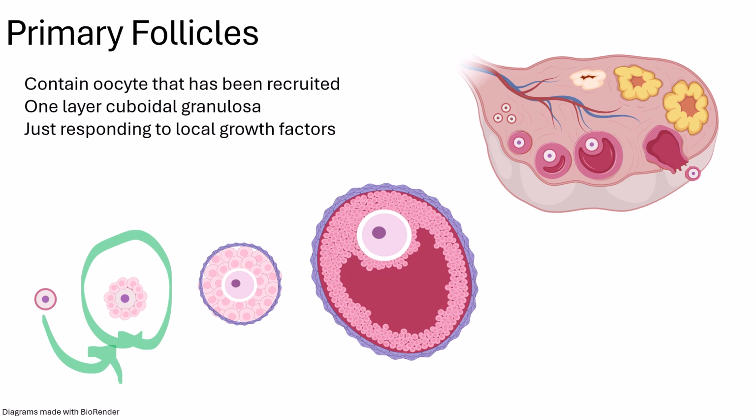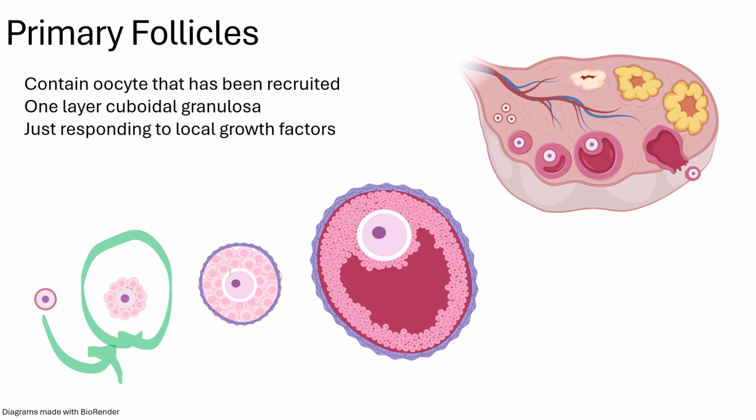A primary follicle contains an oocyte that's been recruited from the resting pool, and this oocyte remains a primary oocyte arrested in meiosis I. The hallmark of a primary follicle is the transformation of its surrounding follicular cells from those flat squamous cells in a primordial follicle into a single layer of cuboidal granulosa cells, and these begin to support the oocyte's growth.